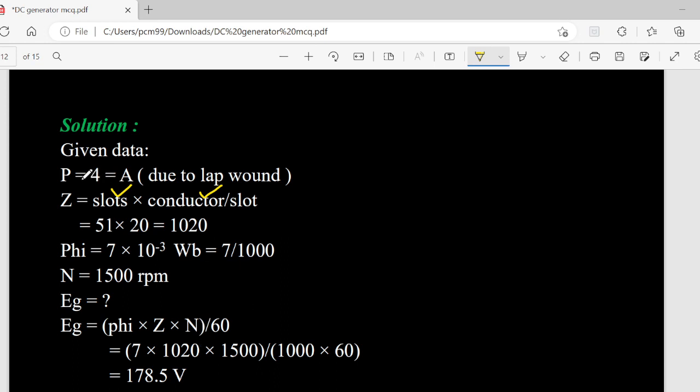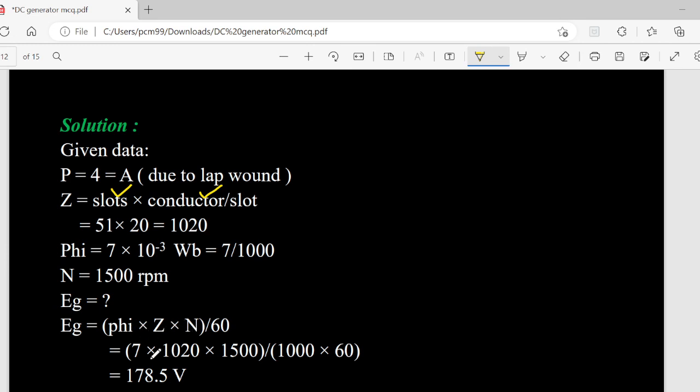So due to P and A, number of poles and number of parallel paths are equal. That's why I'm cancelling P and A. So the remaining is phi Z N upon 60. When a lap connected generator is given, at that time you can directly put phi Z N upon 60 in the formula.